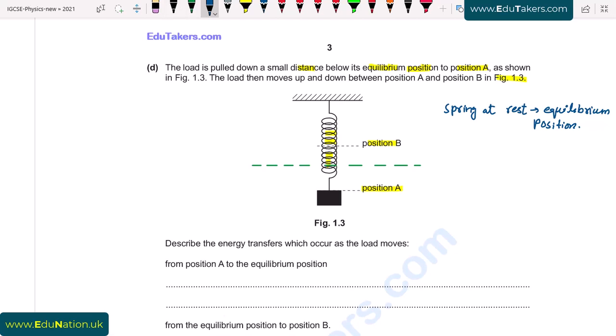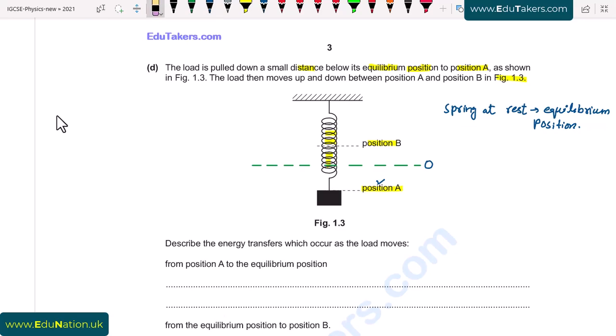Now, when the spring is extended, it is at position A. So when it is extended at position A, it means that the energy stored in the spring is actually elastic energy. So when the spring moves from position O to position A, all the energy is elastic energy.